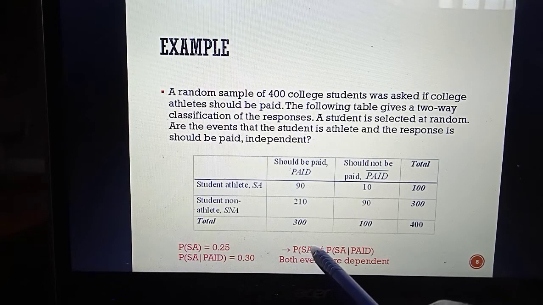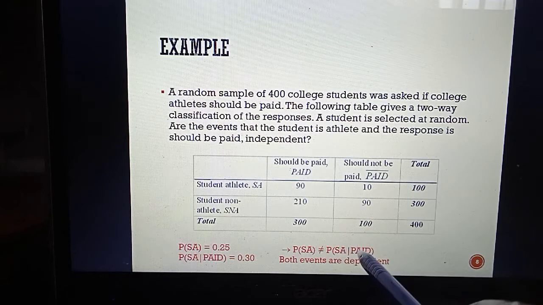Therefore, probability student athlete is not equal to probability student athlete given paid. So since they are not equal, both events are dependent.